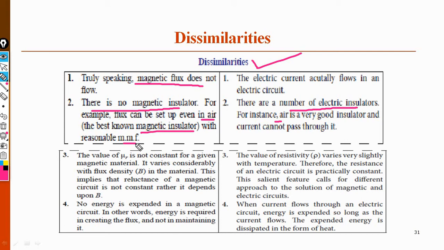In the magnetic circuit there is no magnetic insulator, and in the electrical circuit an electric insulator is always present.